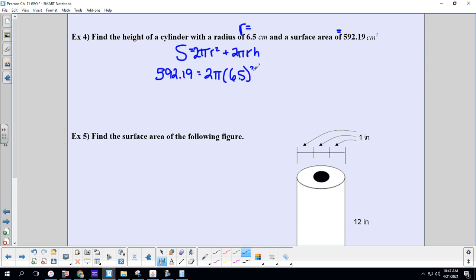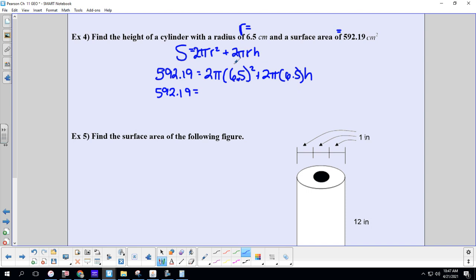So 6.5 for the r. We don't know what h is. He's just going to chill all by himself. For a problem where you're solving, go ahead and don't round your answers. Do all your calculator stuff at the end.